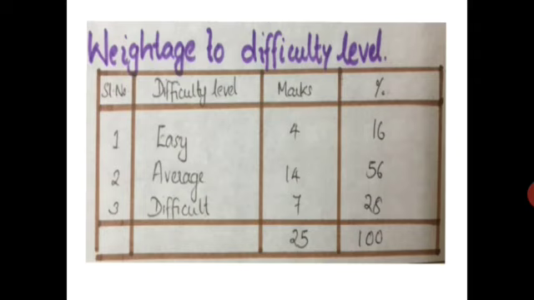Second, average level, I have given 14 marks, and for difficult level it is given 7 marks, in which the percentage of marks constitute 56 and 28 respectively. So the test must not be too difficult, not too easy or not too average. It must cater to the needs of all levels of students.